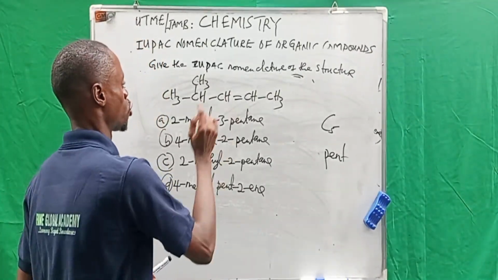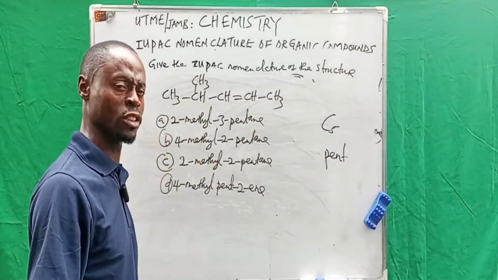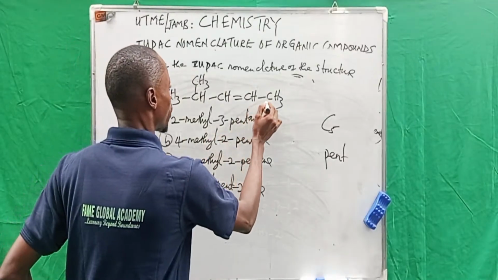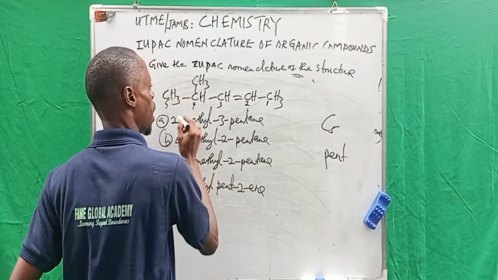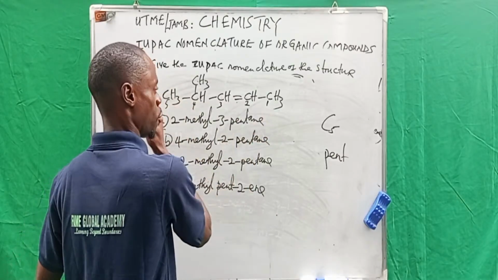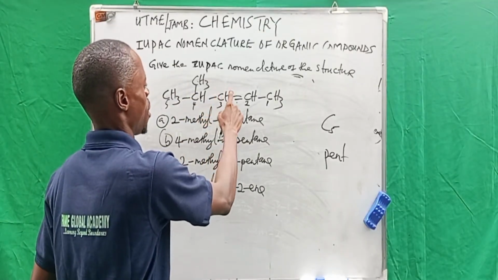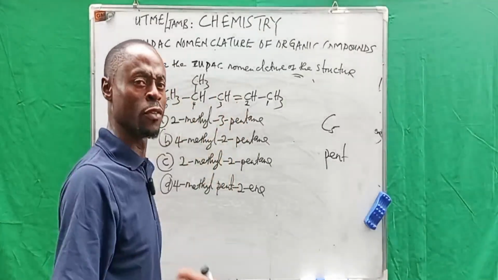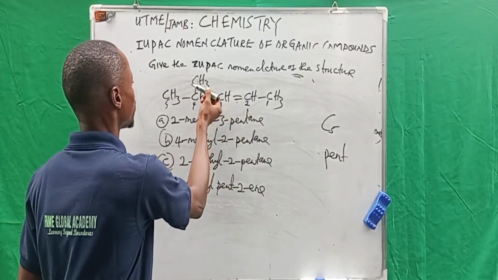But looking at this structure, if we have taken this direction or this direction to locate our longest carbon containing chain, now at position, let me say 1, 2, 3, 4, 5. At position 2, we have our functional group. But from this end, at position 1, 2, 3 is where we have our functional group. Irrespective of the fact that we have an organic substituent, which is what?